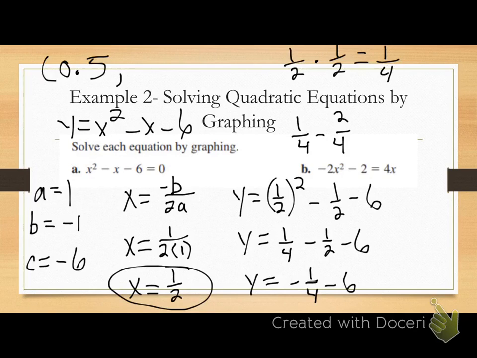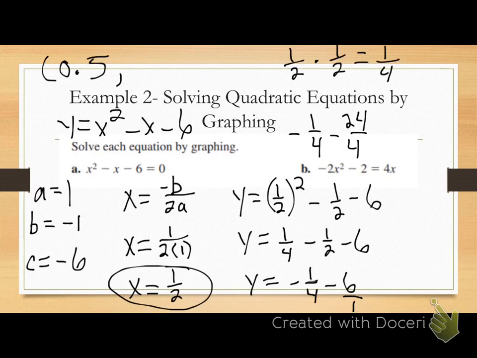All right. We love fractions, don't we? So now I've got to get 6 to have a denominator of 4. What would the numerator be? 24. So everyone's seeing how we're getting that.